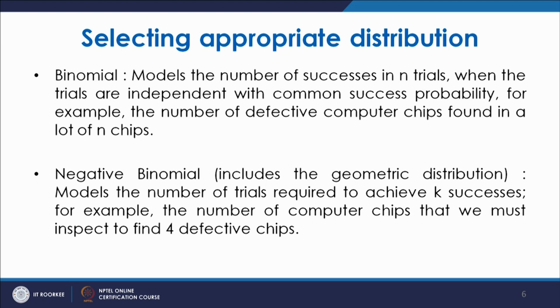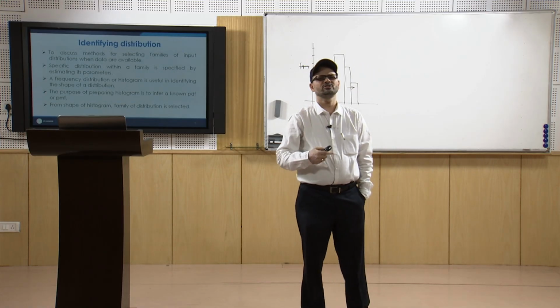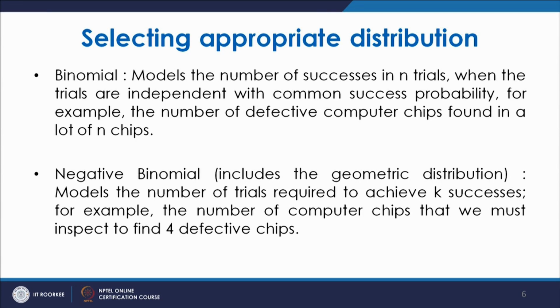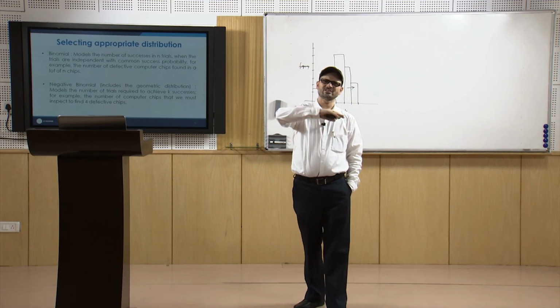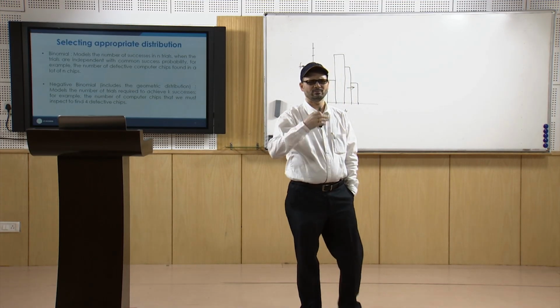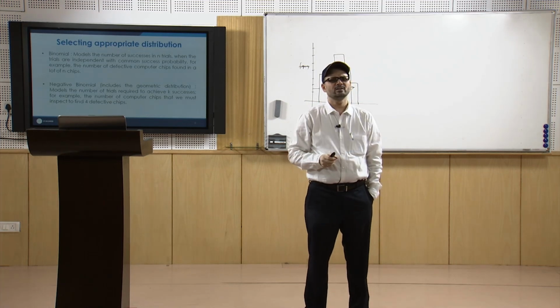Whenever we do a certain number of trials, it will talk about the number of successes and number of failures, where we have only two options. Like the number of defective computer chips found in a lot of n chips. Whenever we have this kind of readings, it may fit a binomial kind of distribution.